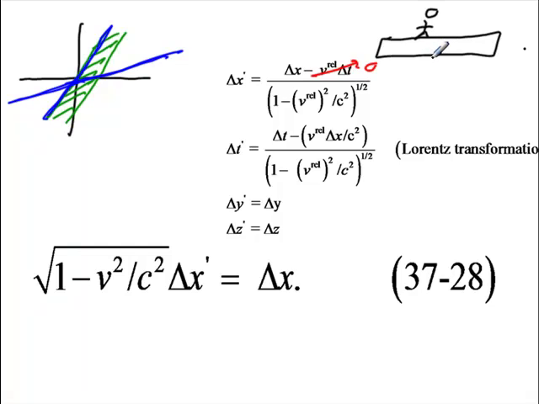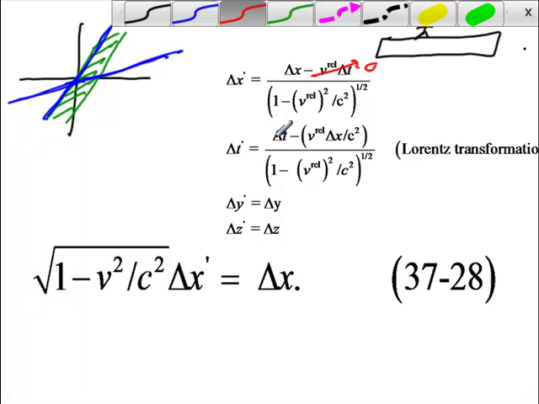Now you may ask, how can they both think the other guy is shorter? The answer is, they have a different sense of time. They're not looking between the same 2 events. They're looking at 2 events that are simultaneous in their own frame of reference. Notice if I wanted to find the difference in time between those 2 events, I'm looking at that and thinking I'm measuring the front and back of the meter stick at the same time, but delta t primed is not 0 in that case.